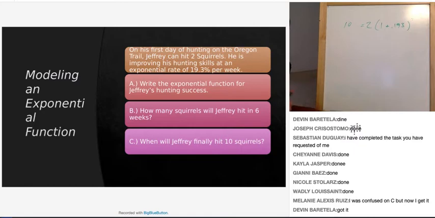This is good window practice. Make sure you get the correct window when you go to graph here. Remember, x is the time. So it's got to kind of be logical. I mean, you're not going to talk about like 5 million weeks or anything like that, right? So I just made my window 0 to 30 just to be safe. I made my y window 0 to 20.